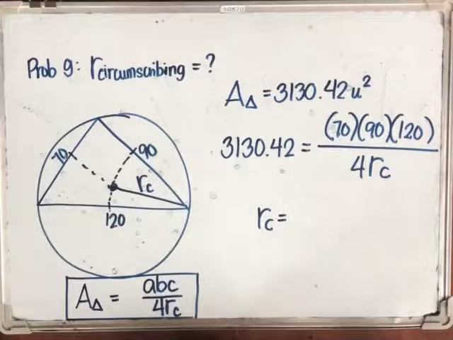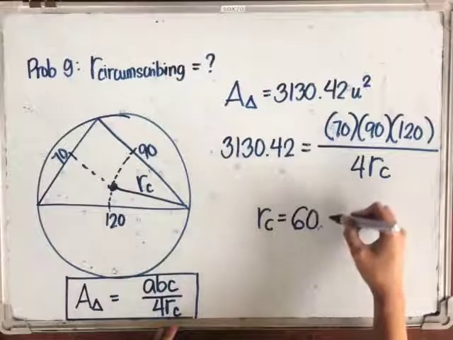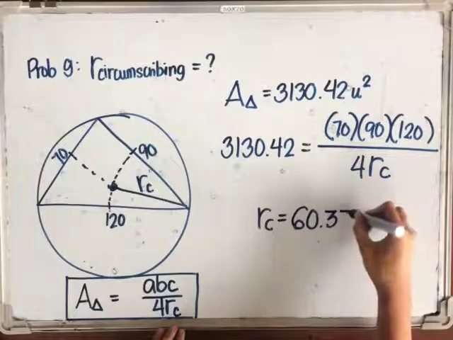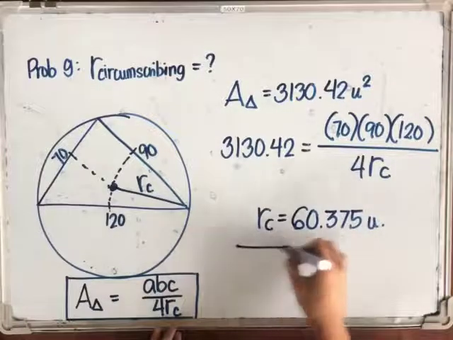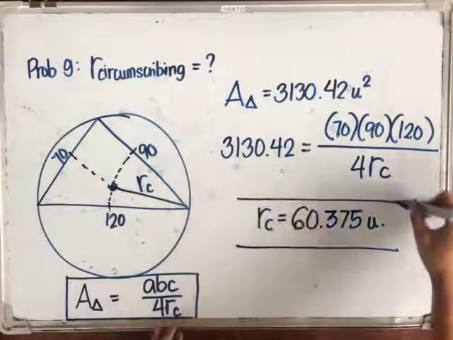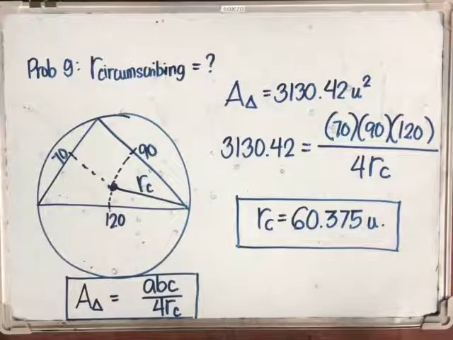So using your calculator, you can compute your R sub C, and that should be equal to 60.375 units. This should be your answer. I hope clear sa atin yan.